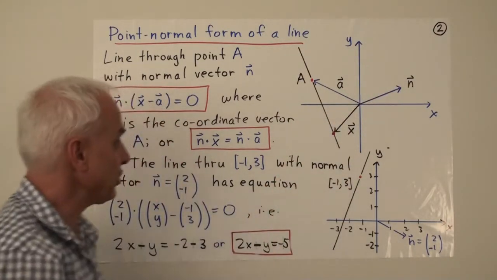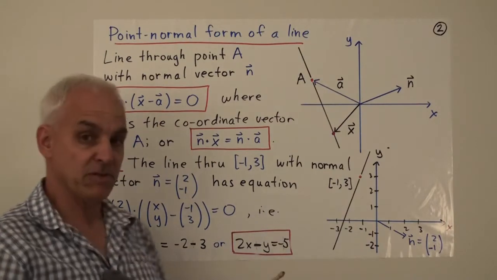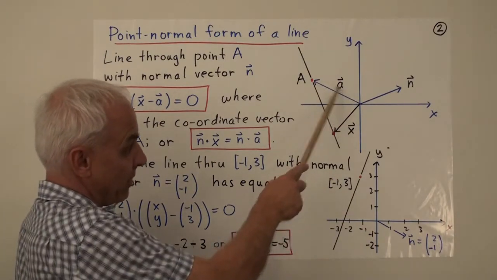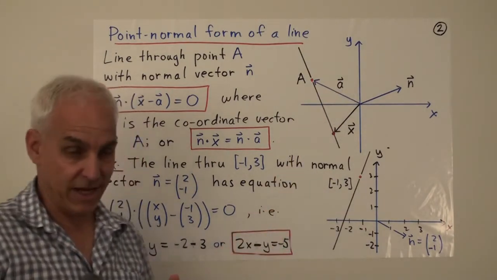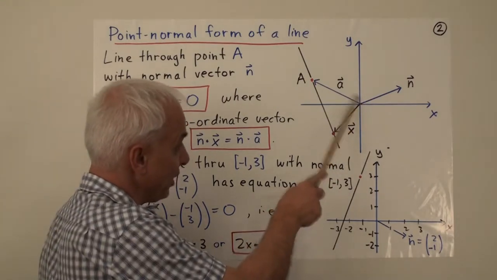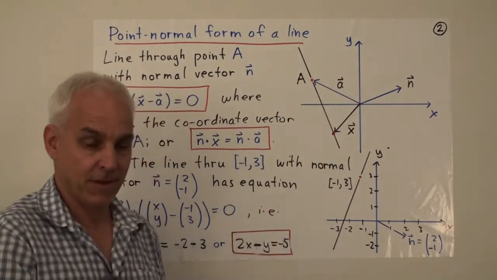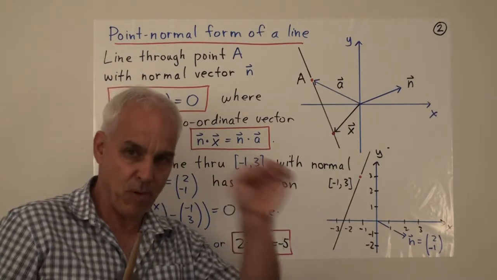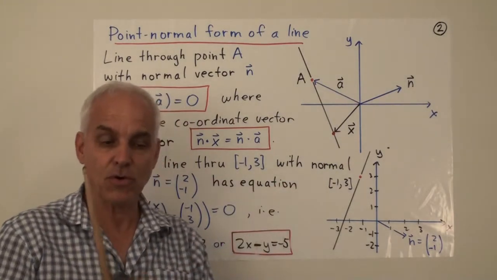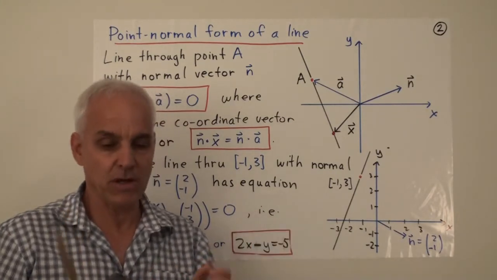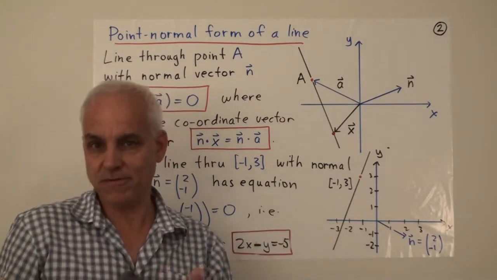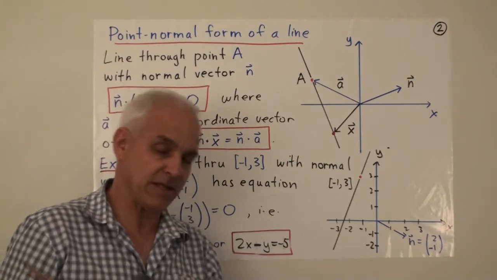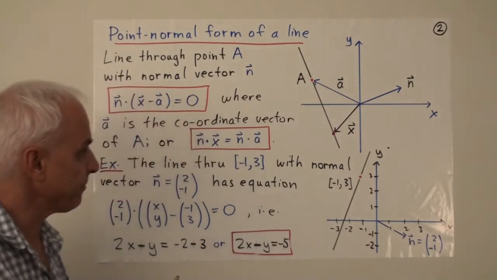Those are perpendicular directions. And also in this picture we have this vector A, which is the coordinate vector for the point A, just the vector from the origin to the point A. So when we use linear algebra in a situation, we want to convert points often to coordinate vectors from the origin, because then we can use the language of linear algebra, addition and subtraction of vectors and so on.